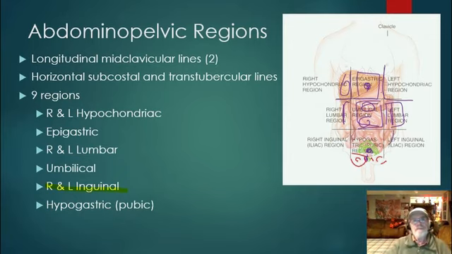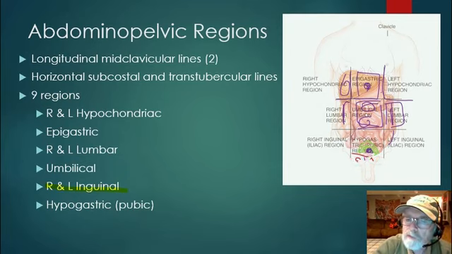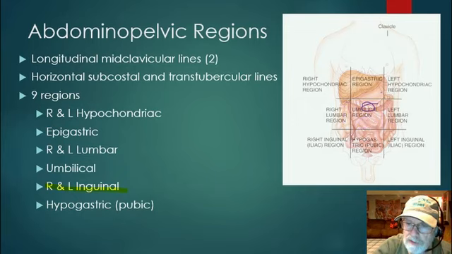We'll be talking more about what's in each of these regions, but these regions are important because they help define what structures are in the abdomen. Everything we've talked about today had to do with location. That's what both the quadrants, less precise, and regions, more precise, are.